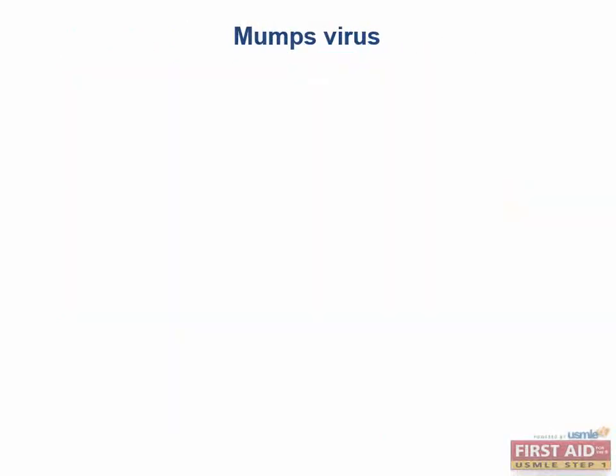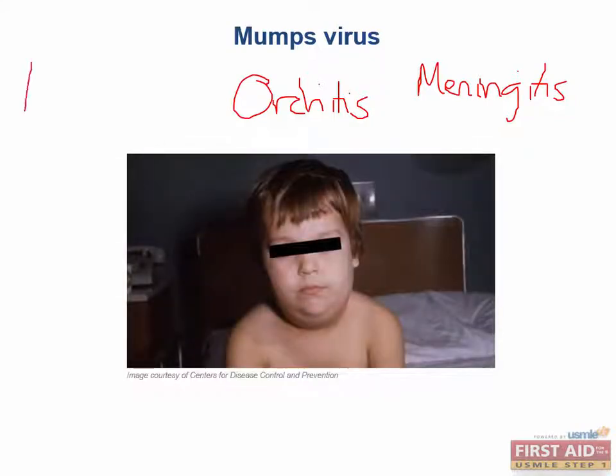Mumps is another paramyxovirus which is acquired through respiratory droplets. Mumps infection is characterized by inflammation of the testes, also known as orchitis, causes inflammation of the meninges, also known as meningitis, and finally, it causes inflammation of the parotid glands, also known as parotitis, as we see here.